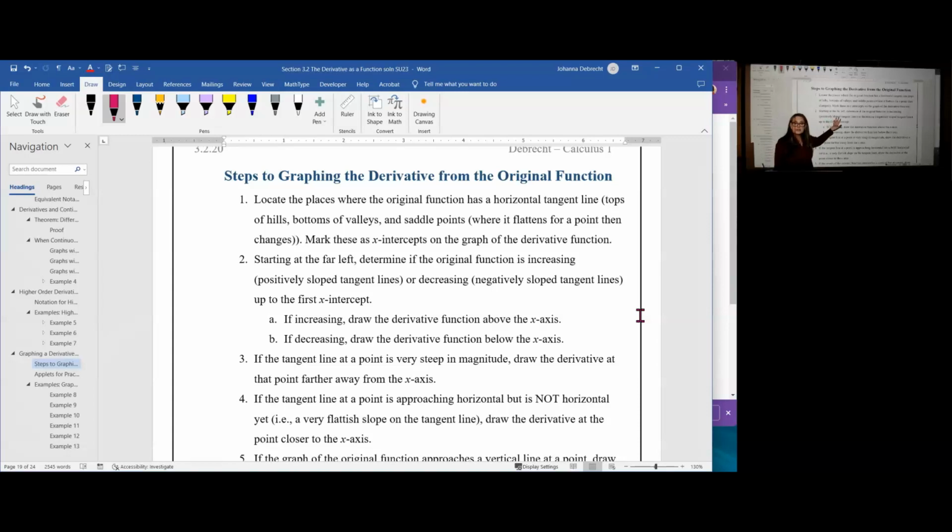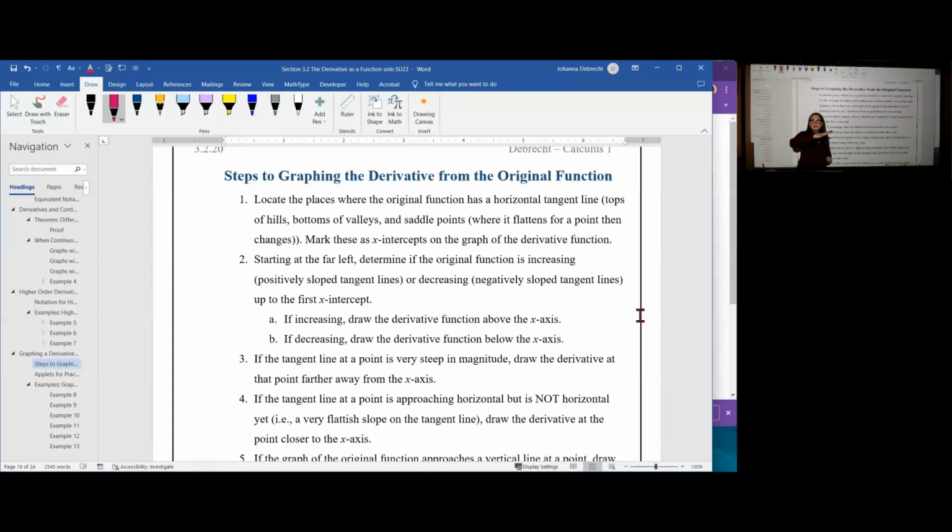You have positively sloped tangent lines or negatively sloped ones. If they're positively sloped, the derivative is above the x-axis. If they're negatively sloped, it's below the x-axis. Now, if the tangent line at a point is very steep in magnitude, whether it's uphill or downhill, you'll draw that point on the derivative further away from the x-axis.